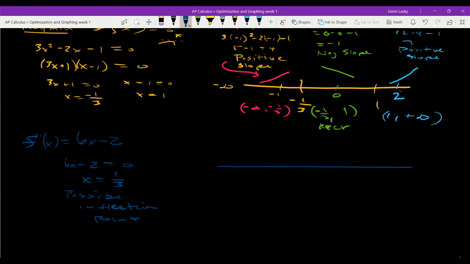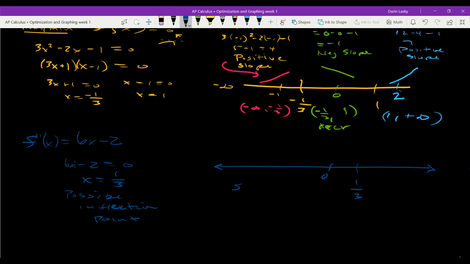So let's take our number line again. We're going to put it right here, and we are going to go to 1/3. Here's my 1/3. If I go to my 1/3 and I pick a number on the left, I'm going to pick 0.